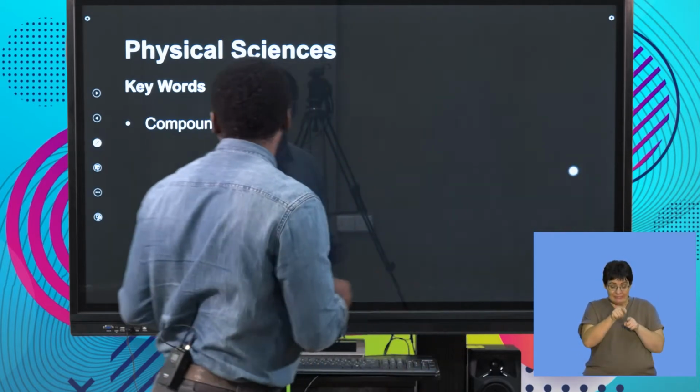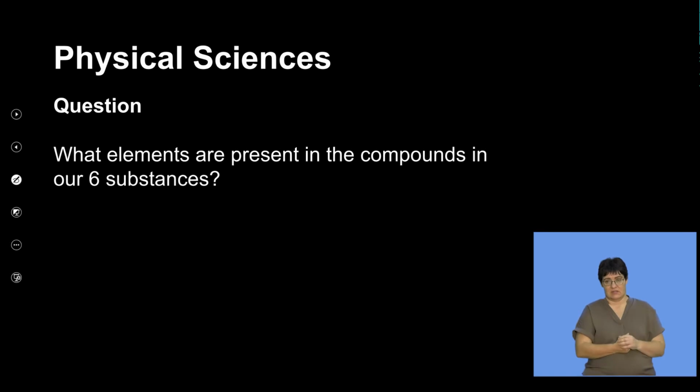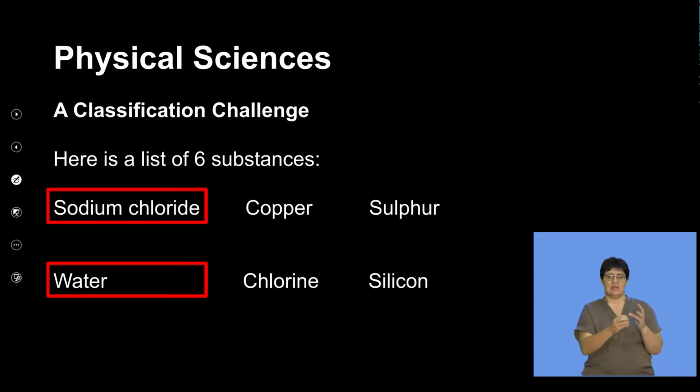So in the list we were given, let's identify which of our 6 substances are compounds. We've got sodium chloride. Sodium chloride actually consists of sodium and chlorine. So this is a compound in the sense that it's more than one element that is chemically joined together. The other one is obviously water, which is another compound, right?